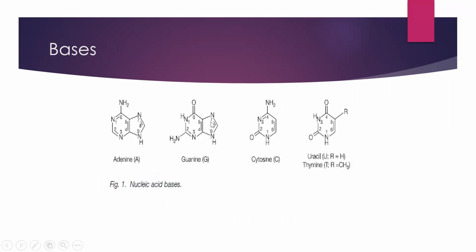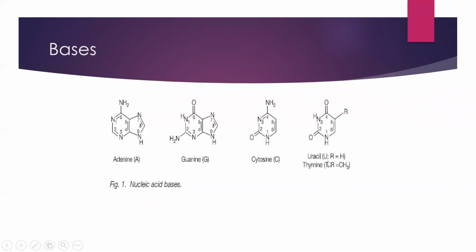So here we have the chemical structures of these 4 nitrogenous bases that are present in DNA. As I mentioned, there are 2 purines, adenine and guanine, which are bicyclic ring structures. 2 fused rings are present in the structure of these purines. And the pyrimidines are cytosine, uracil and thymine. These are monocyclic ring structures.